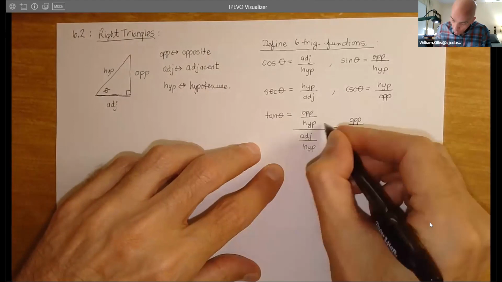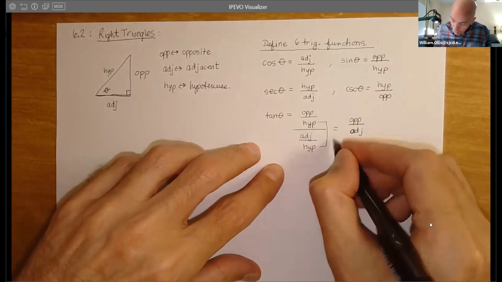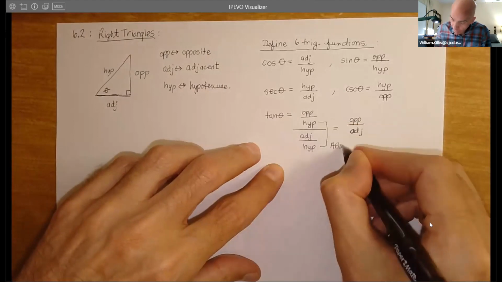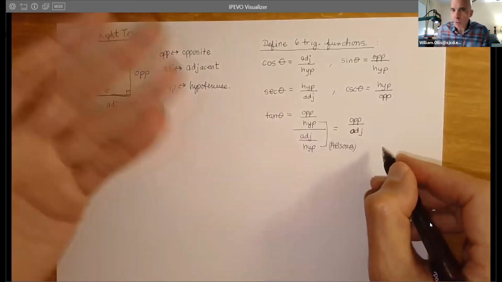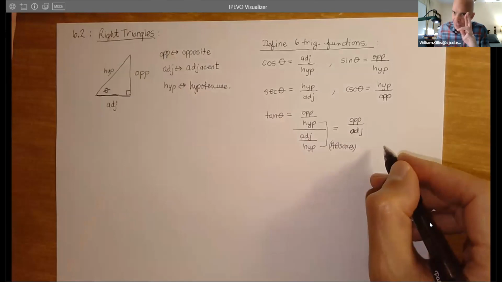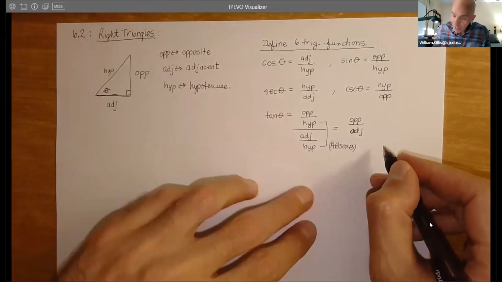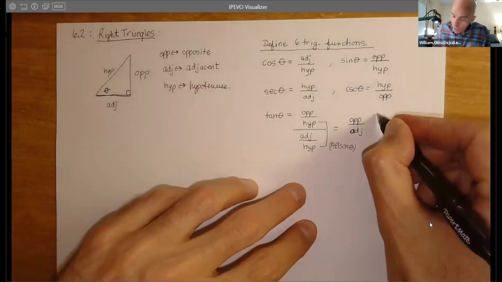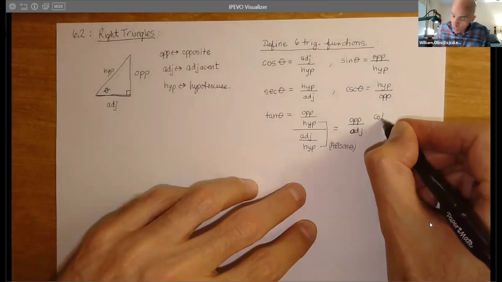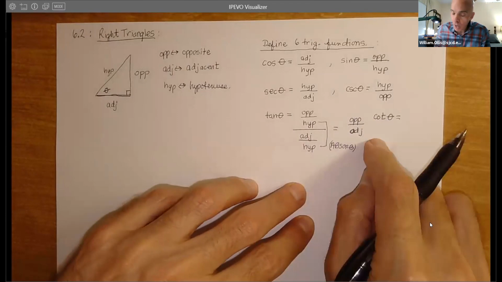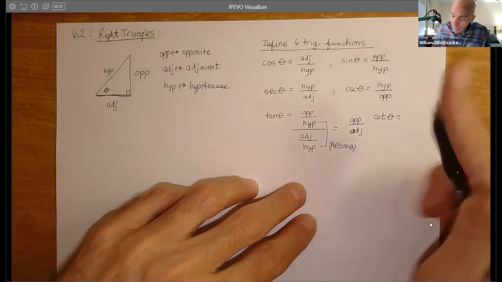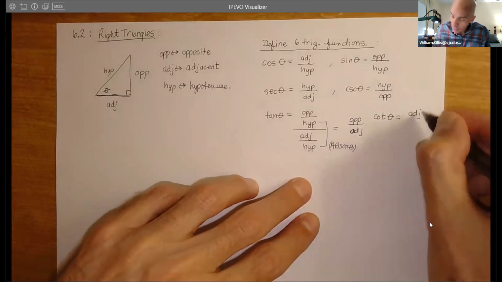So these absorb when you invert and multiply. So again, that's going to be consistent, hopefully, keeping our fingers crossed. And then cotangent, we won't work so hard this time. We'll just define it to be the reciprocal of the tangent, which would be adjacent over opposite.